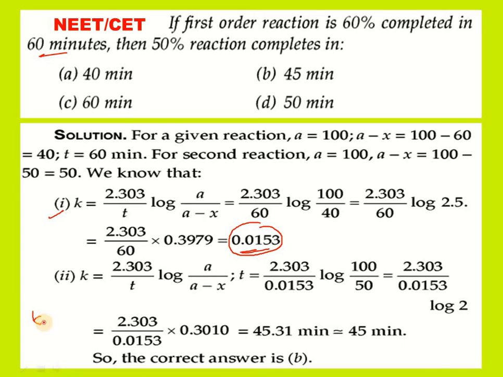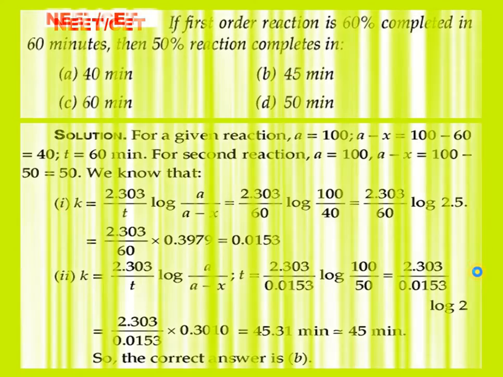Half-life formula we have 0.693 by k. So in that also you can substitute this value 0.0153. Now we get 45 minutes approximately, 45.3 exactly. So we have 45 minutes. Second option is the right option.